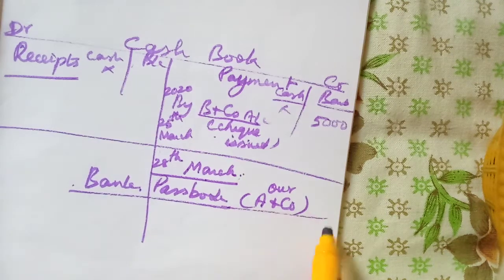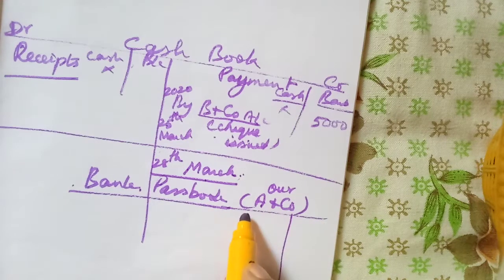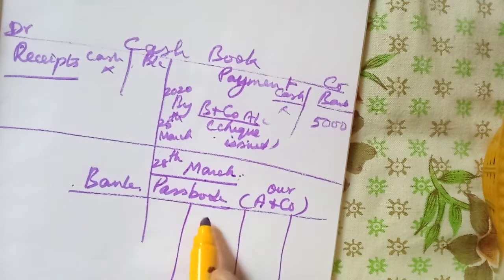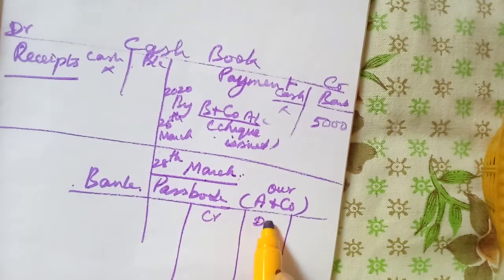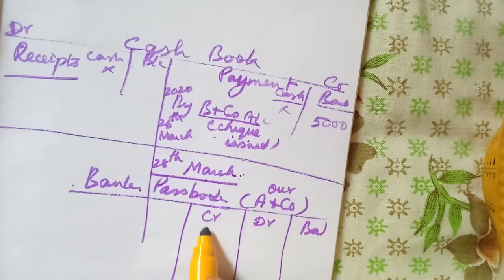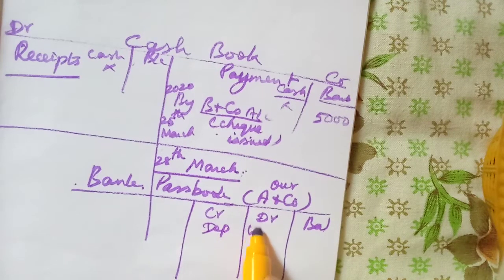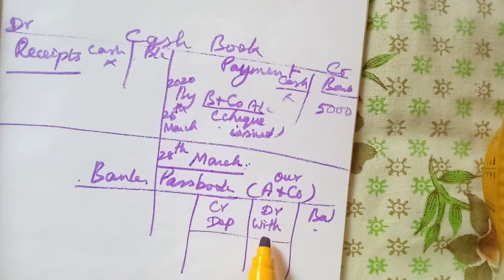We know the bank passbook has 3 columns: debit, credit, balance, that means withdrawal, deposit, balance. So they have to debit, isn't it?